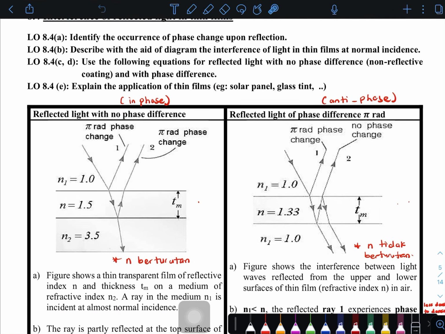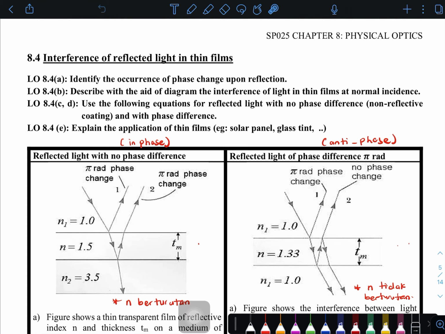Okay, so kita tahu, kita dah belajar tadi 8.1 and 8.2. Kita belajar ada dua source, is either in phase ataupun anti phase. Okay, kalau in phase, kalau dia menghasilkan konstruktif ataupun bright fringes, the path difference akan jadi m lambda.